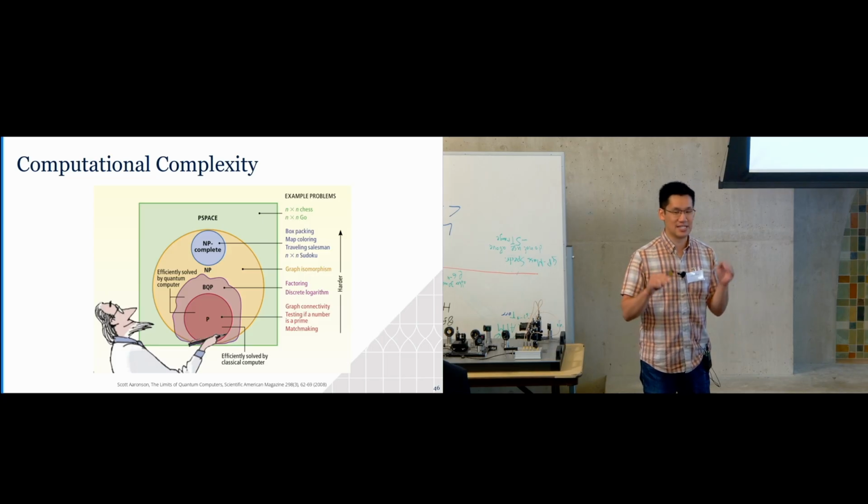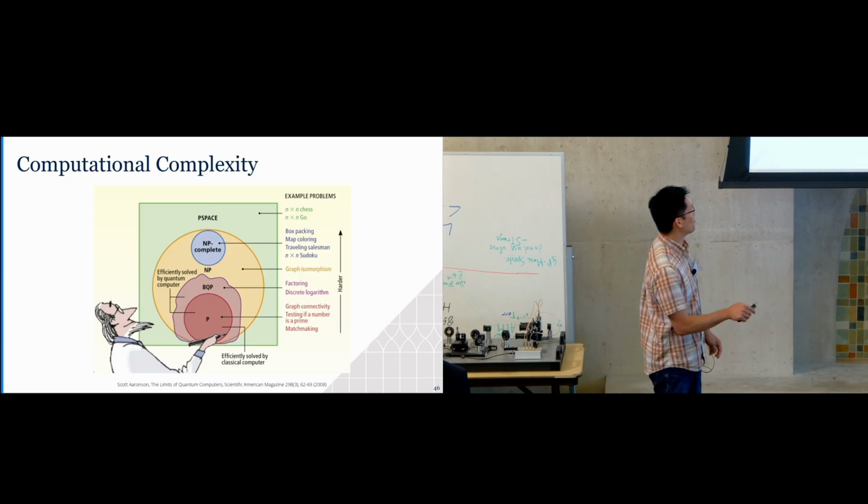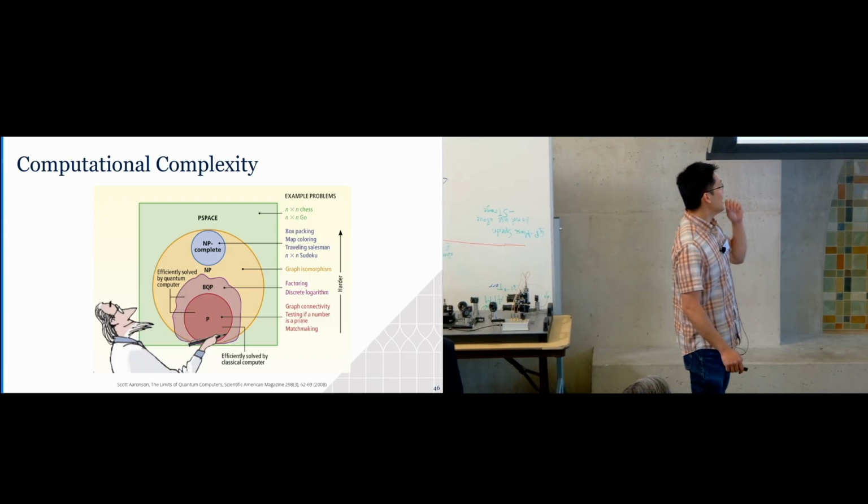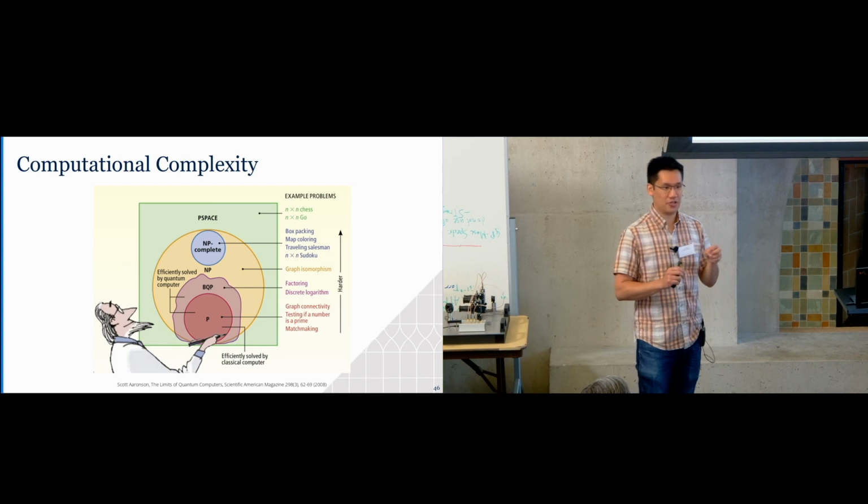So our currently existing computers can solve the problems in this class P very quickly. The types of problems it can solve quickly are whether a graph is connected, whether a number is prime, and it can solve matchmaking efficiently.